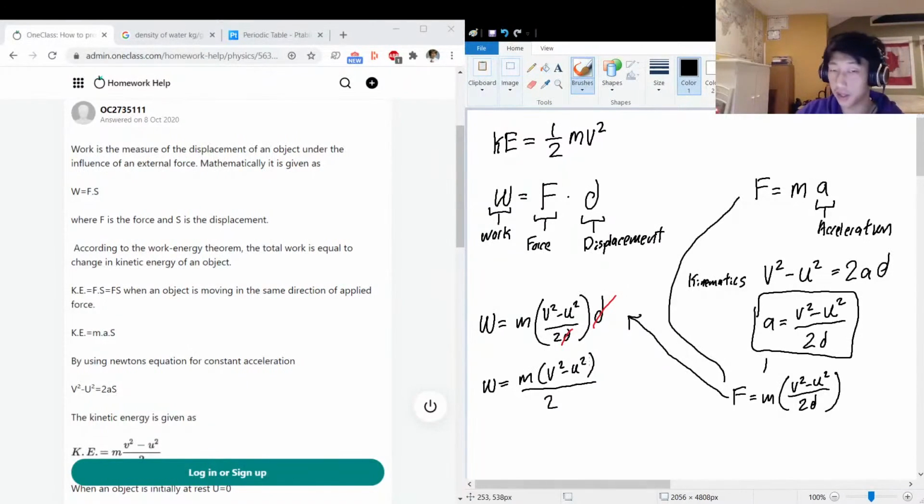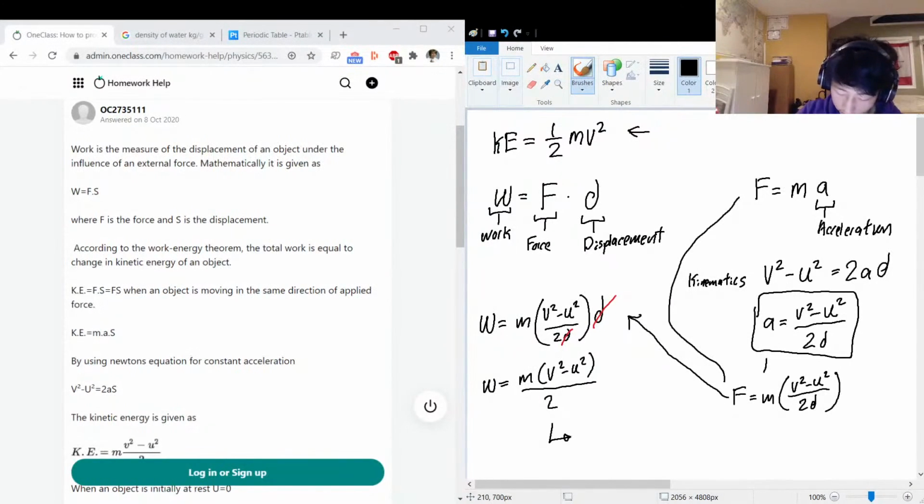Now you see that the only difference between this W and the kinetic energy up here is that U squared, or U, has to be 0. And if U is 0, that just means that we're starting from an initial velocity of 0.